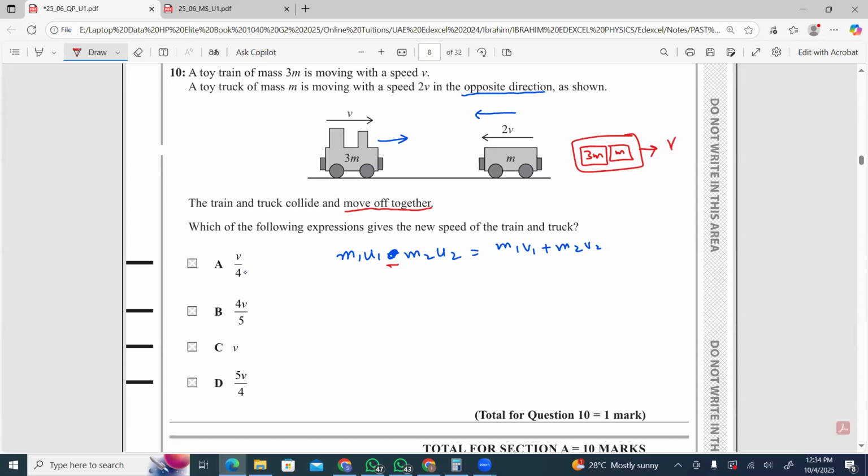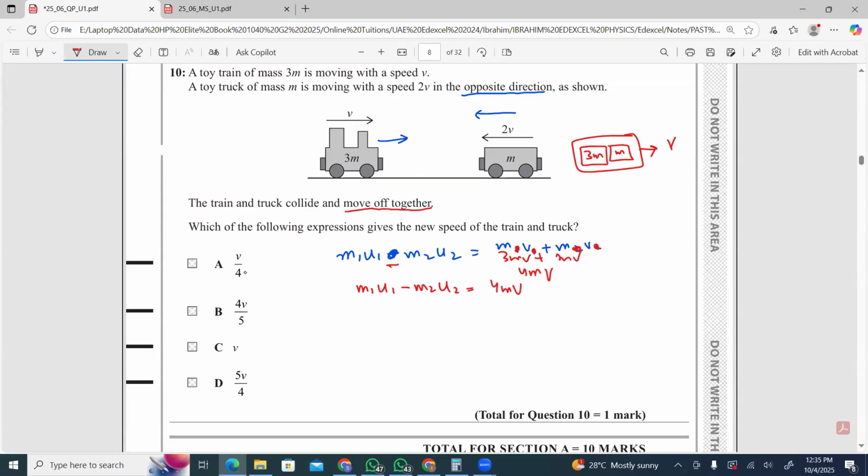So you remove this m1 and m2, and you just write 4m. So you write 3mv plus mv, and from here you have 4mv. So m1 u1 minus m2 u2 equals 4mv.